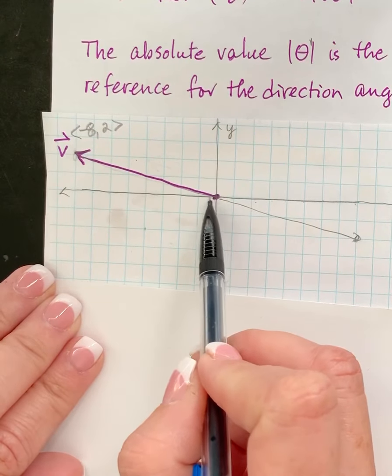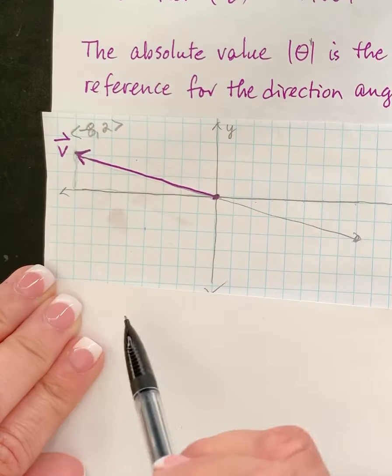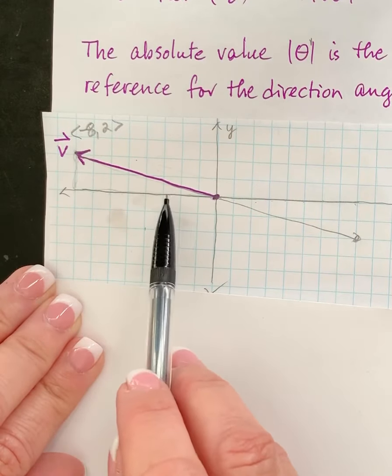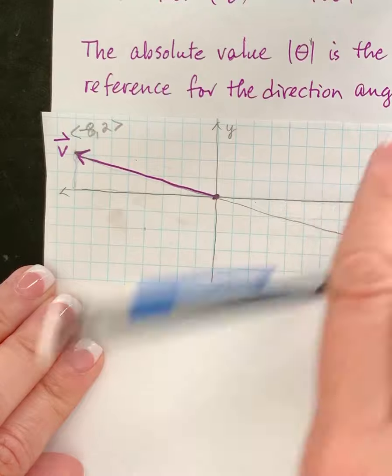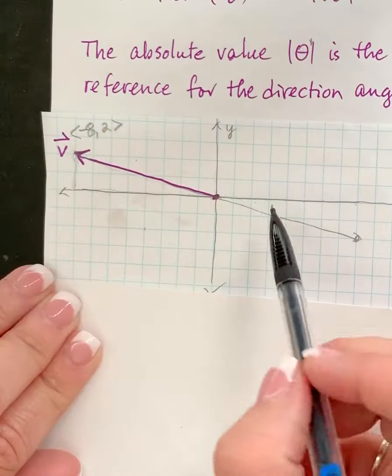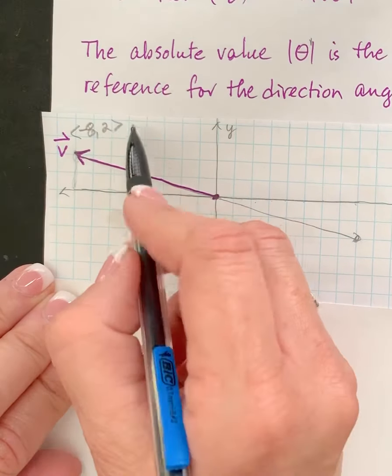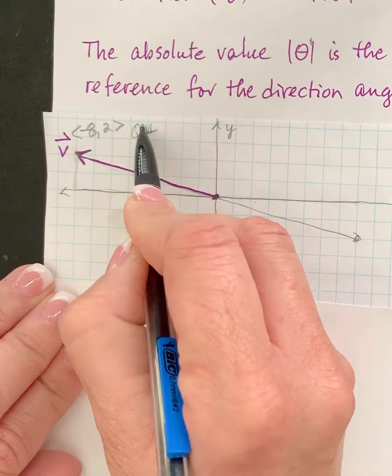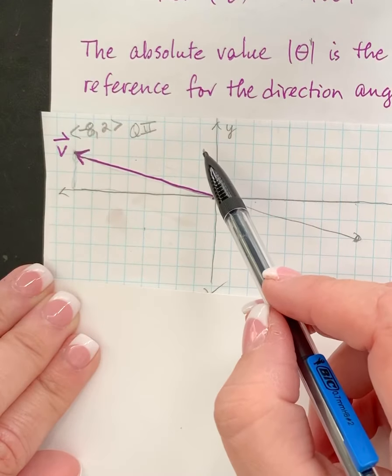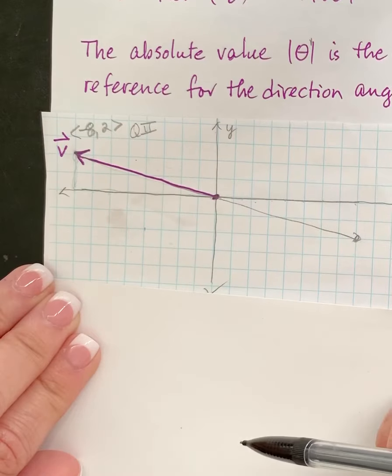So if you started at the origin, the horizontal is -8, the vertical is 2. The direction angle for this, measured from the positive x-axis, is going to be more than 90 but less than 180 because this is in quadrant 2. So the direction angle needs to be more than 90 but less than 180.